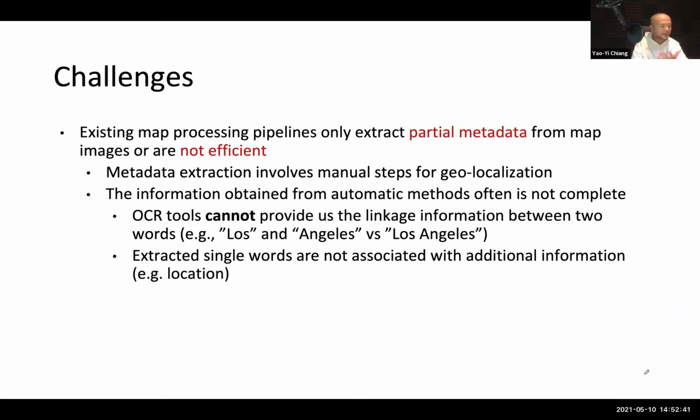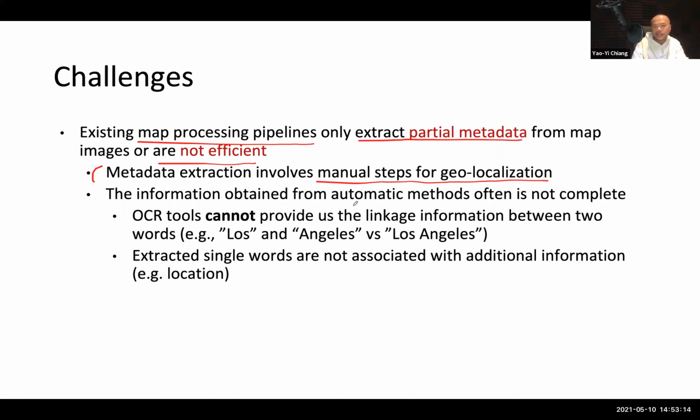All right, so generating semantically rich metadata. What are the challenges? Existing map processing pipelines usually only extract partial metadata from map images, or they're not very efficient. Also, the map data extraction process involves manual steps for geolocalization, right? So image coordinates are not good. We really need to know the Earth location of each of the map tags.